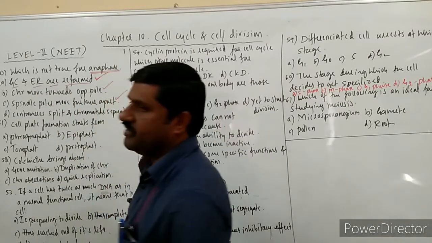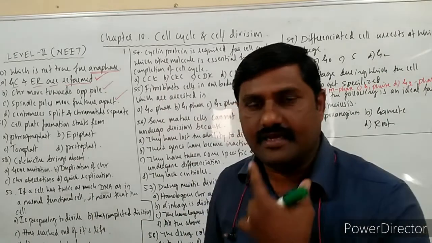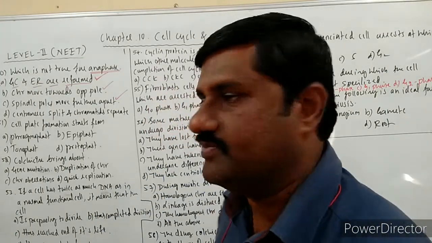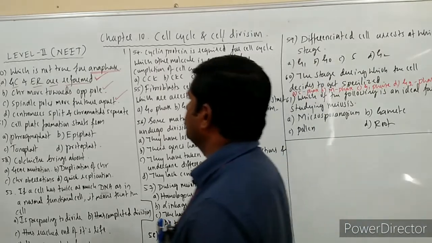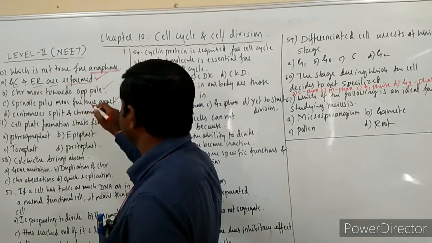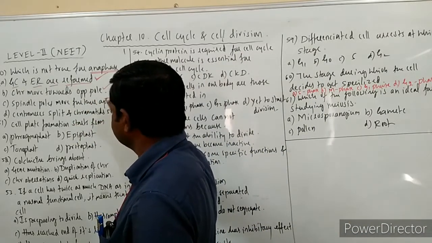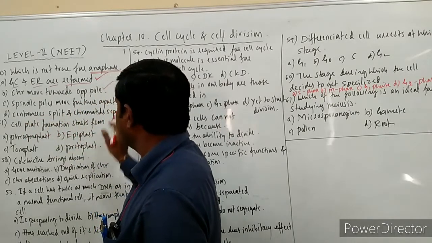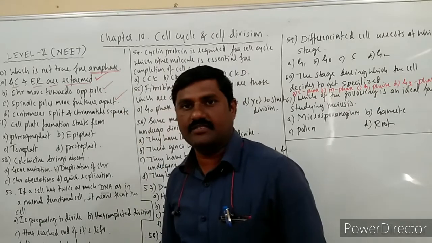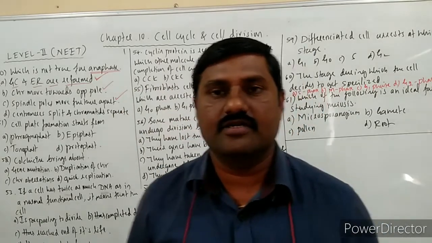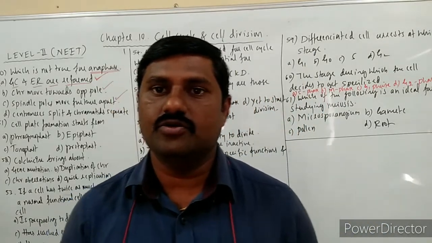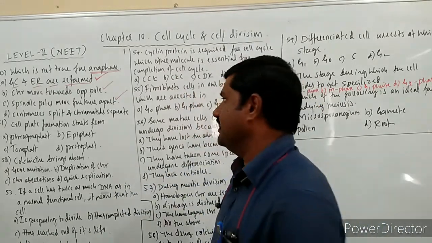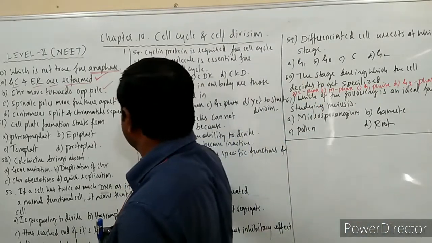Of course, continuous spindle fibers and discontinuous spindle fibers are present, so the poles move further apart. And centromere splits and chromatids separate. Here the centromere splits, and the two chromosomes move apart in anaphase. It is a correct statement.